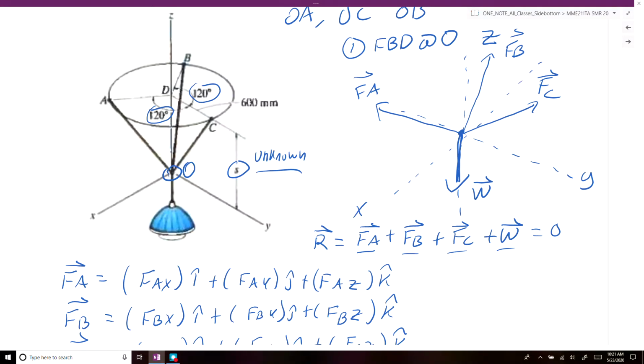The weight hanging from the origin point is the only other applied force on the system. Since the only other applied force only has a z component, the sum of the forces in the x direction and the sum of the forces in the y direction, due to the cables OA, OB, and OC, are going to cancel each other out.